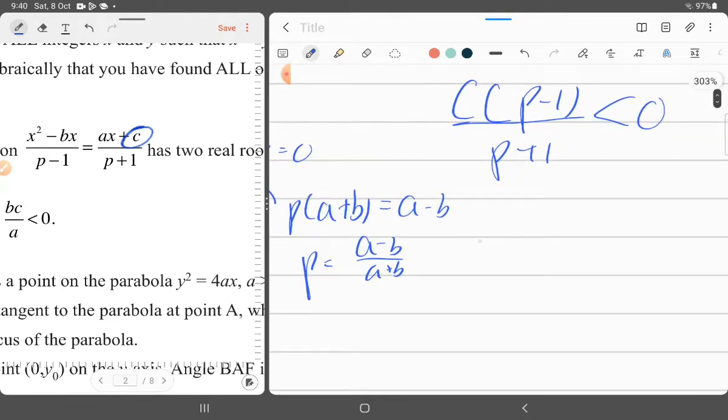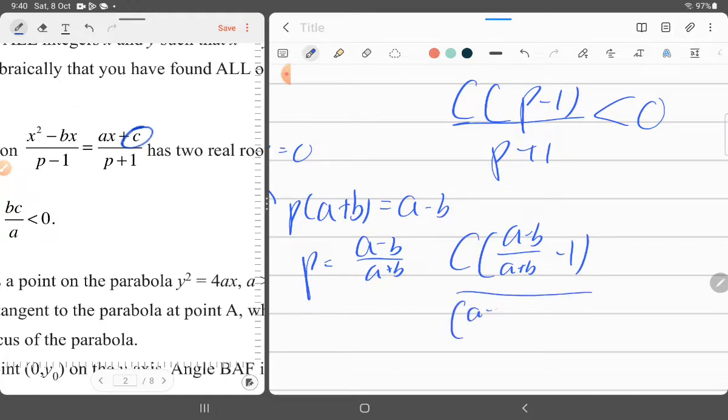So c brackets a take away b over a plus b take away 1, over a take away b over a plus b plus 1, is less than 0.